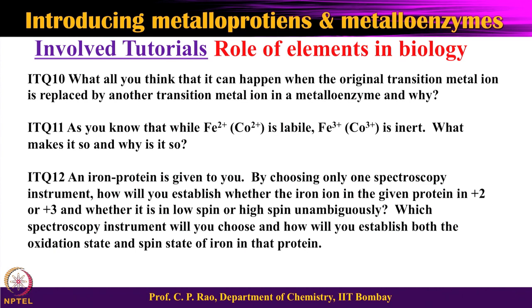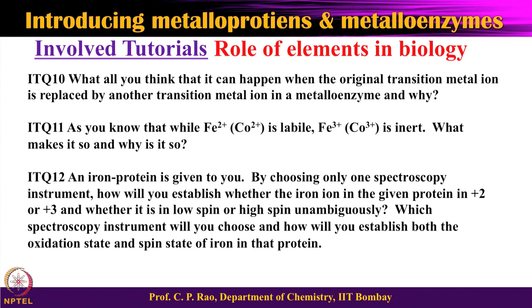An iron protein is given to you. By choosing only one spectroscopy instrument, not more, how will you establish unambiguously whether the iron in the given protein is +2 or +3, and whether it is low spin or high spin? I have already answered this in the earlier question in a different form.